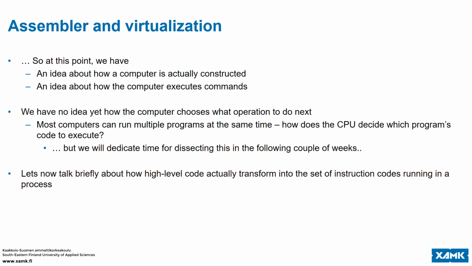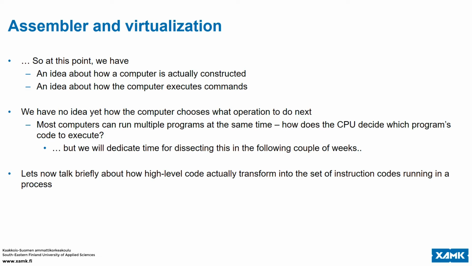So just to pause to think about where we are right now. At this point, we have some idea about how computers are actually constructed. We have an idea of how the computer executes commands. Still, we have no idea, at least not yet, how the computer chooses what operation, what pieces of code it will execute next.